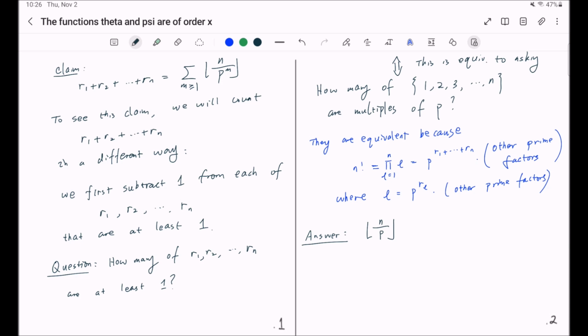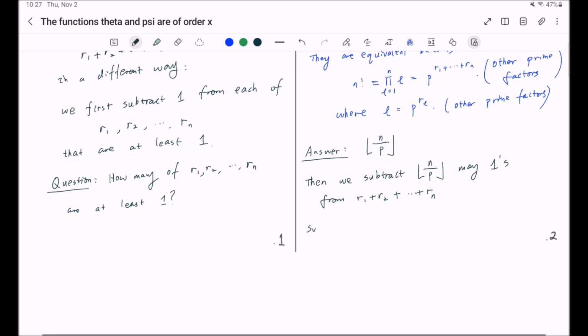The surgery here is we will subtract the floor of n divided by p many ones from R1 plus R2 plus Rn. Namely, whenever R sub L is at least 1, then we'll subtract 1 from there. So in total, we'll subtract exactly the floor of n divided by p times 1.